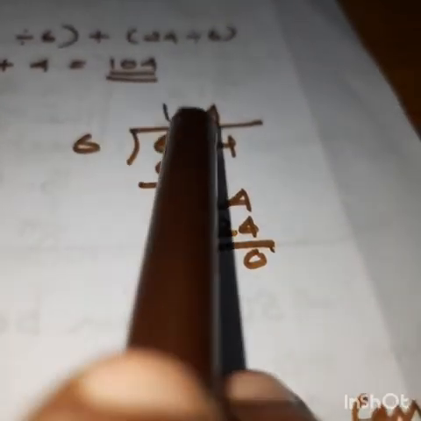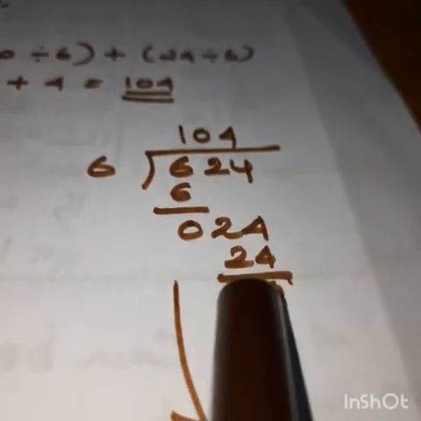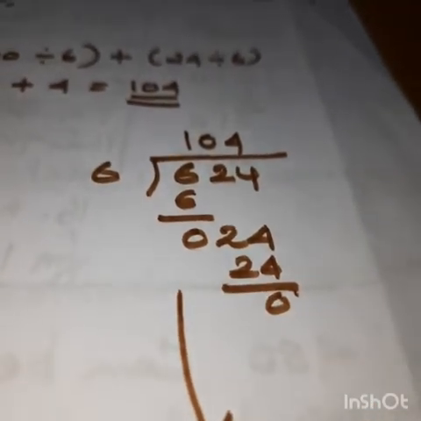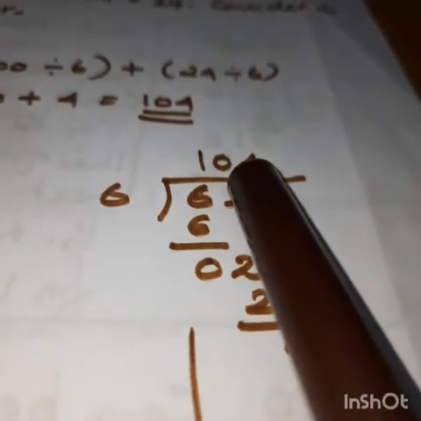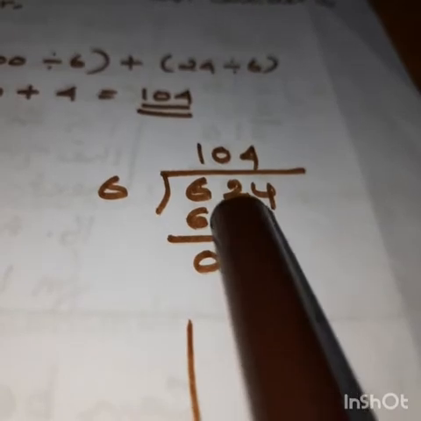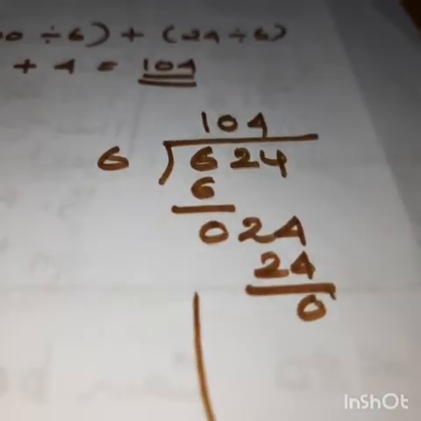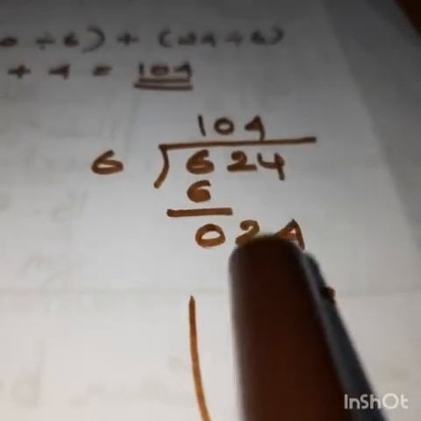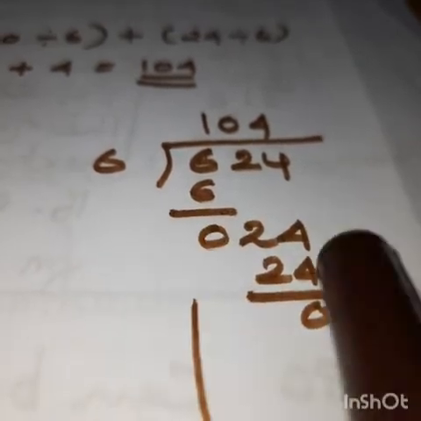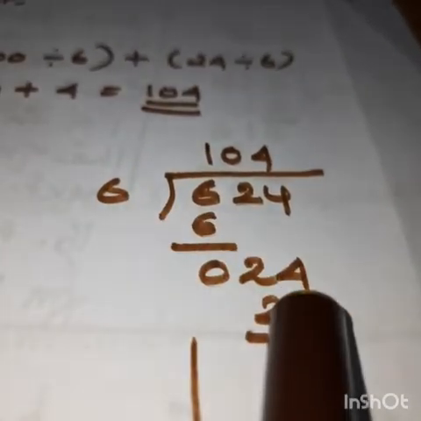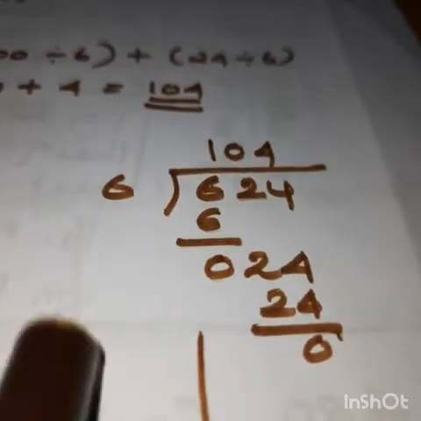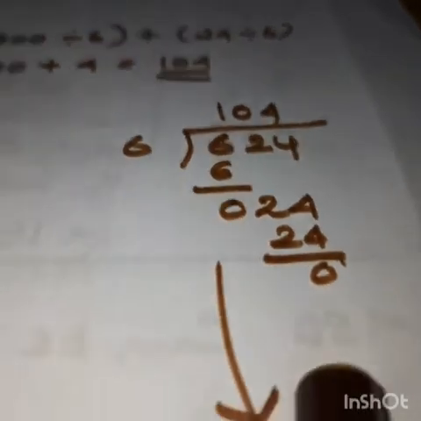Put a 0 in the quotient and then consider the next digit with the 2. The next digit is 4, so 2 and 4 make 24. How many 6's are in 24? 4 sixes. That is 6 into 4 is 24, remainder 0.